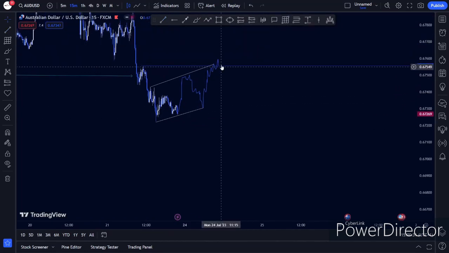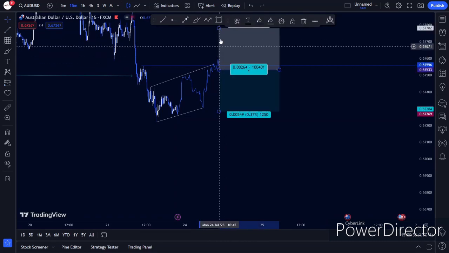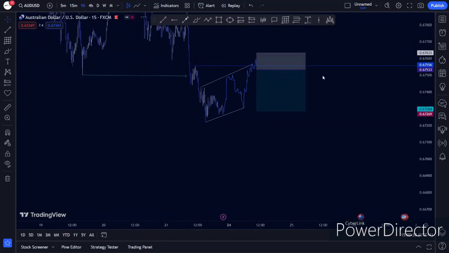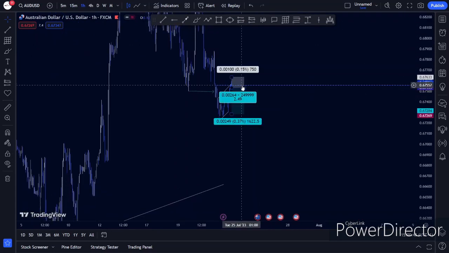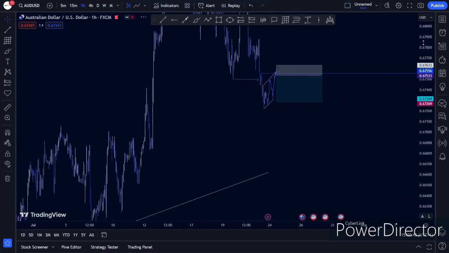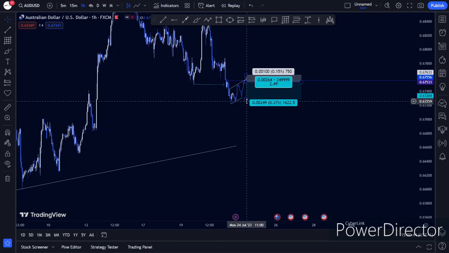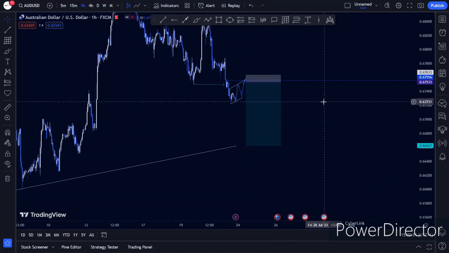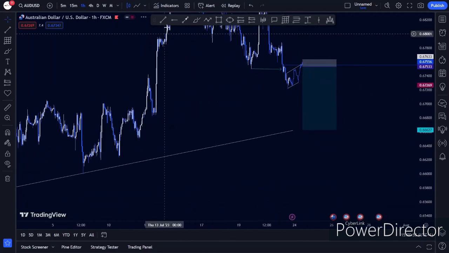Then that'll be around 10 pips, and then it's still valid as well. So that will be potential entries on this one. To this point of interest will be 6.92. To this one will be around 9.6.